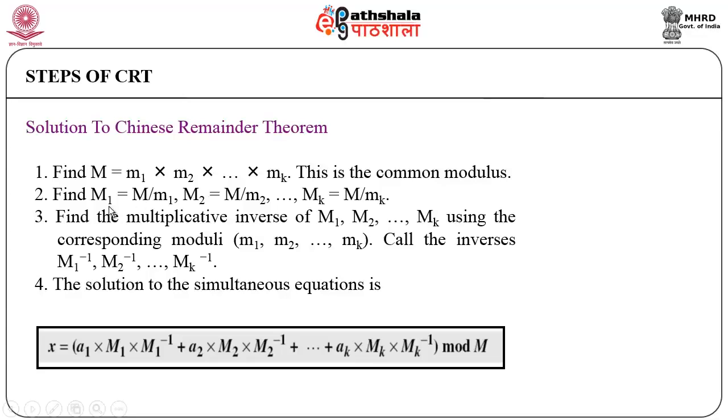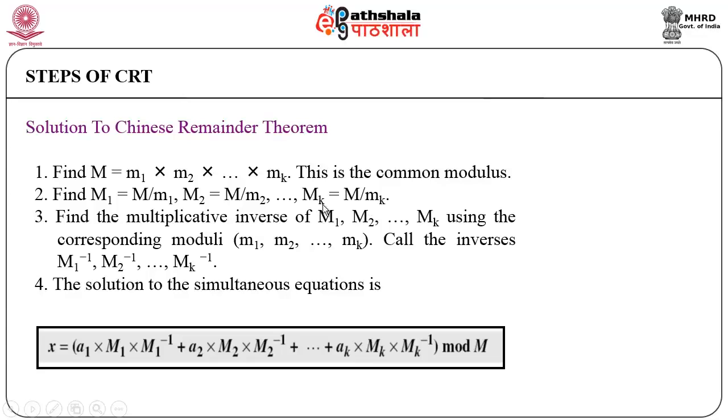The next step is to find capital M1, which is different from smaller m1. Capital M1 is equal to capital M divided by m1. Similarly, we find capital M2 as capital M divided by m2, capital M3 as capital M divided by m3, and so on till capital Mk is equal to capital M divided by mk.